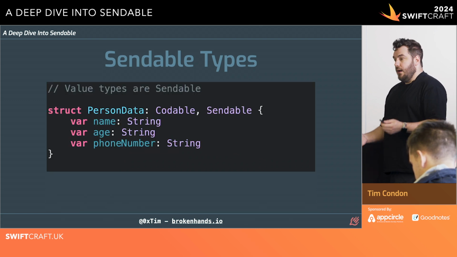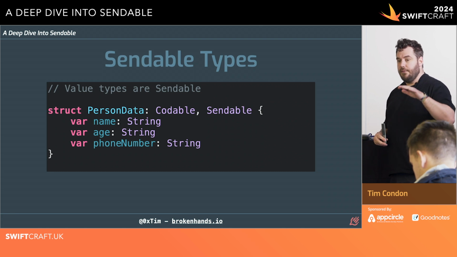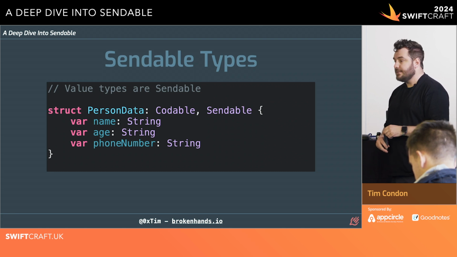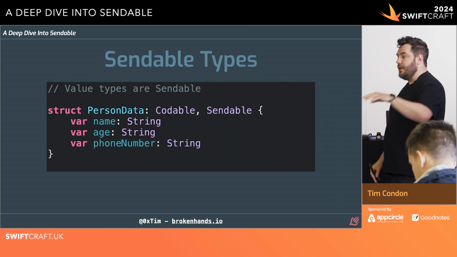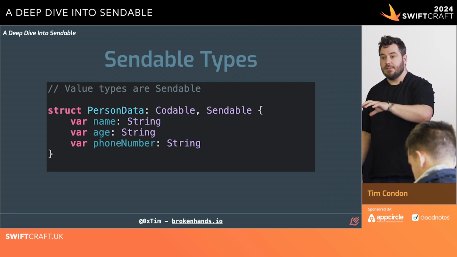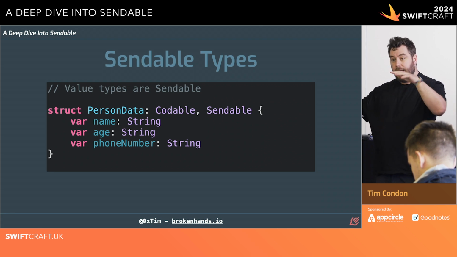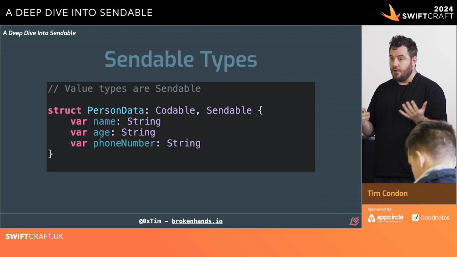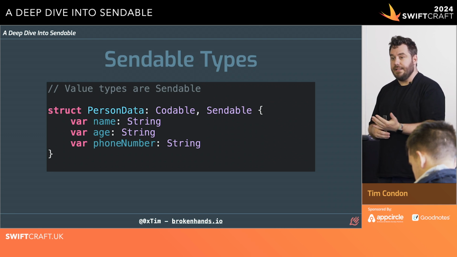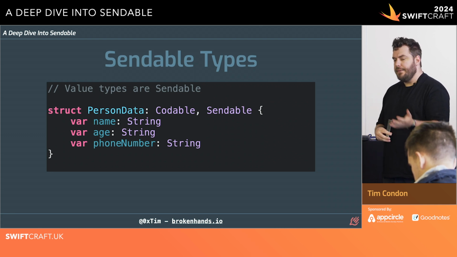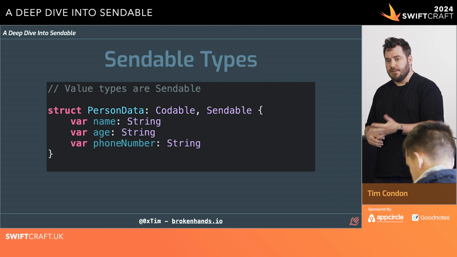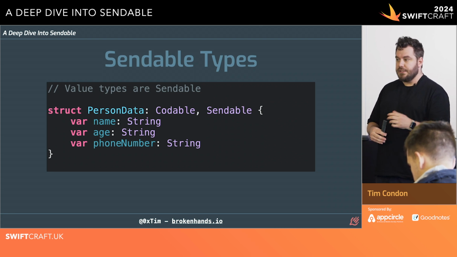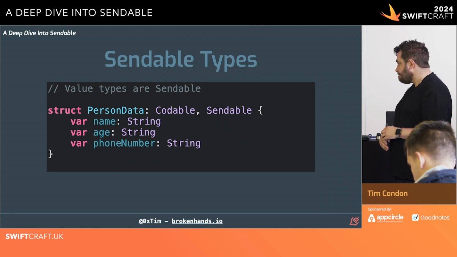And value types are inherently Sendable because of copy-on-write and the protection and semantics that we get with value semantics. If we try and edit something in here, we have to make a copy of it. If you have two things trying to edit it at the same time, they have to make their own copies of it, which is why structs are generally safer than classes, and why Swift has been pushing people to use structs instead of classes for most use cases over the last few years.